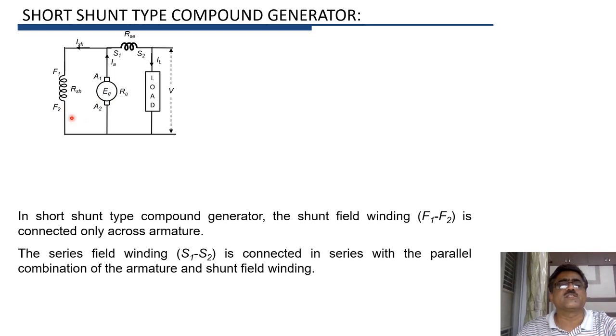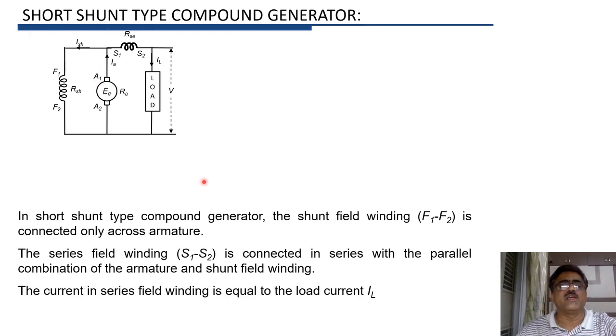So in this case, shunt is only across armature, and then this combination is connected in series with the series field winding. As the shunt is only across armature, the name is short shunt. Now in this case, the current in the series field winding is the load current IL.